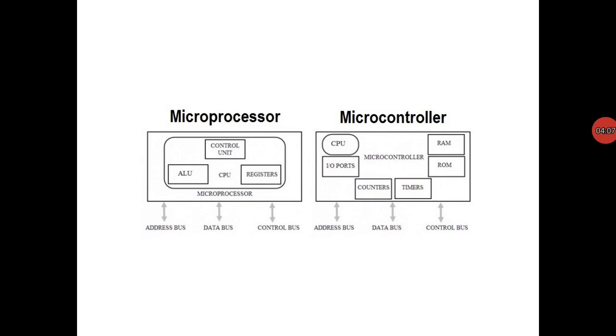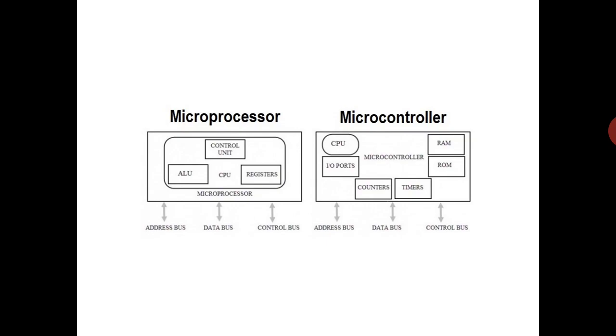This is the block diagram of microprocessor and microcontroller. In this block diagram we can see in microprocessor there is only the control unit and ALU. ALU stands for arithmetic and logical unit.